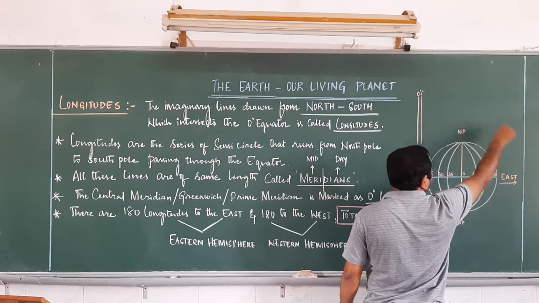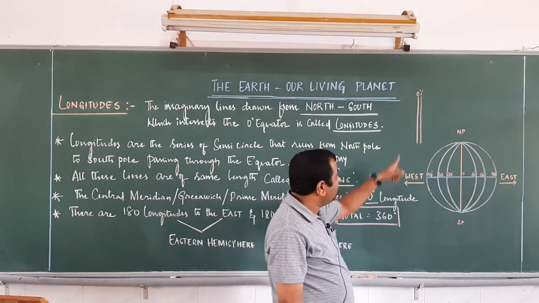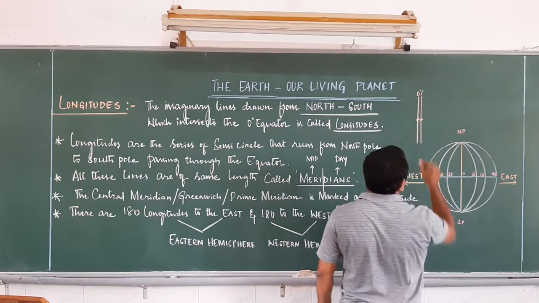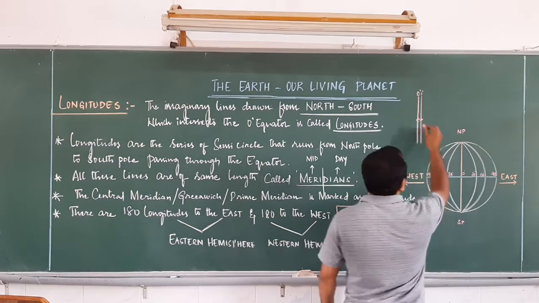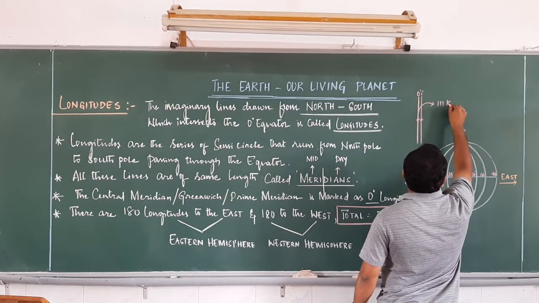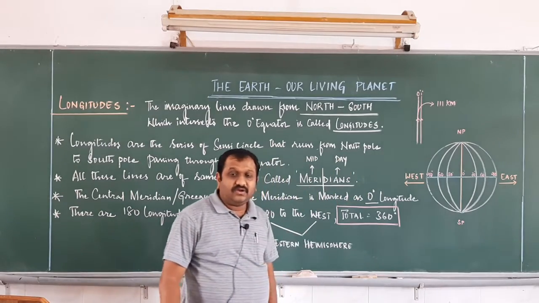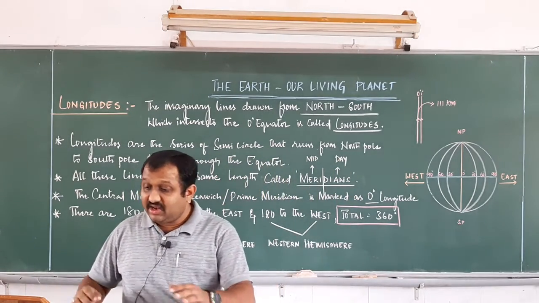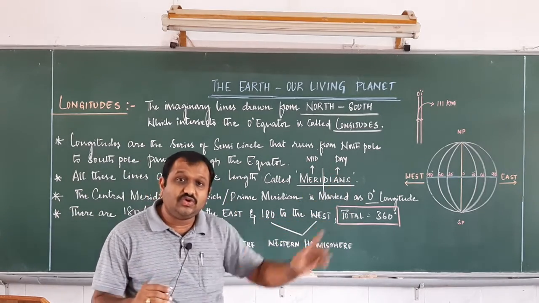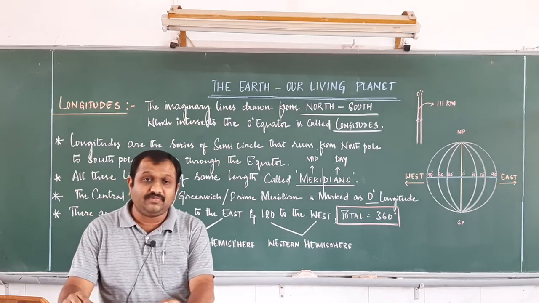Like that we have 360 degrees, 180 to that side and 180 to this side, that is east and west. From one longitude to another longitude, what is the distance? 111 kilometers. It's the distance from one longitude to another longitude. Very important point to keep in mind.